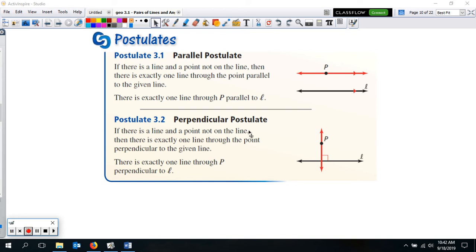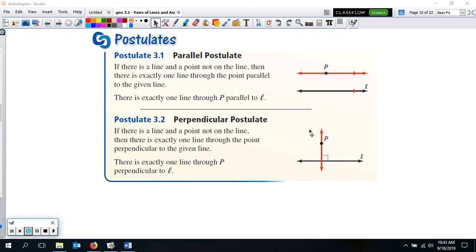The perpendicular postulate is kind of similar. If there again is a line and a point not on the line, so we get line L here in black, point P again, then there is exactly 1 line through point P that's perpendicular to the line. So there's exactly 1 line through P that's perpendicular to L, and that would be just that red line right there.